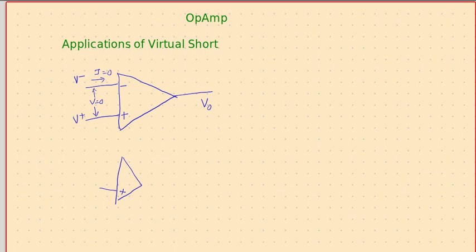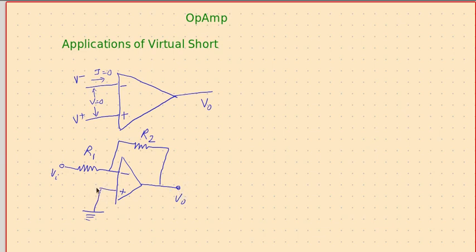We have connected the non-inverting input to the ground, and to the inverting input we connect our input via a resistor. So we have the input here, and the output here. This is our resistor R1, this is our resistor R2. That's the inverting terminal.